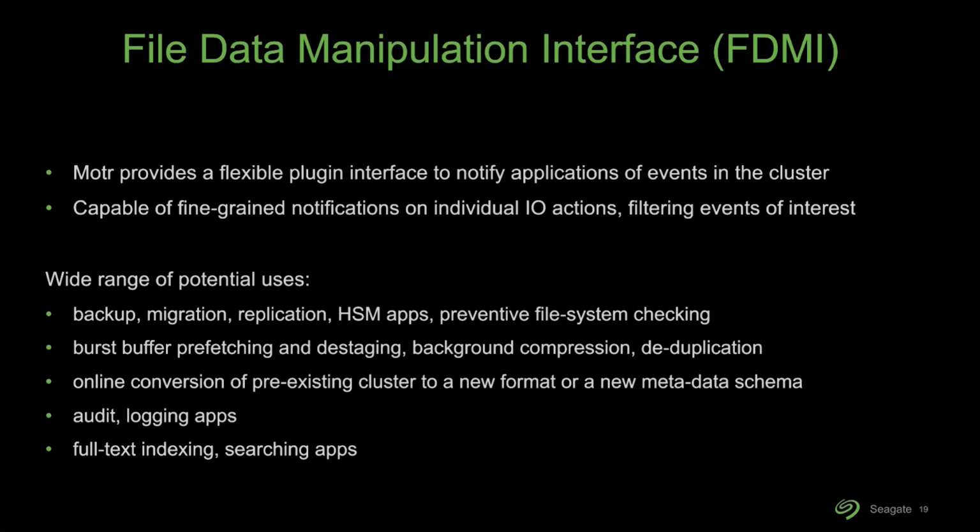And there's a number of different uses for FDMI. We're using it here for a replication type thing. You could also use it for backup, switching between different storage tiers, interesting stuff with burst buffers or compression background stuff. Also useful for auditing or interesting indexing or searching that might be useful for managing this large amount of data that's hard to figure out what you want.